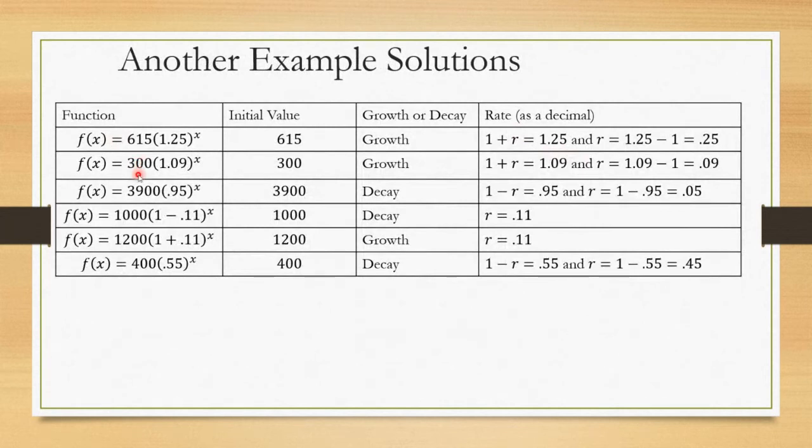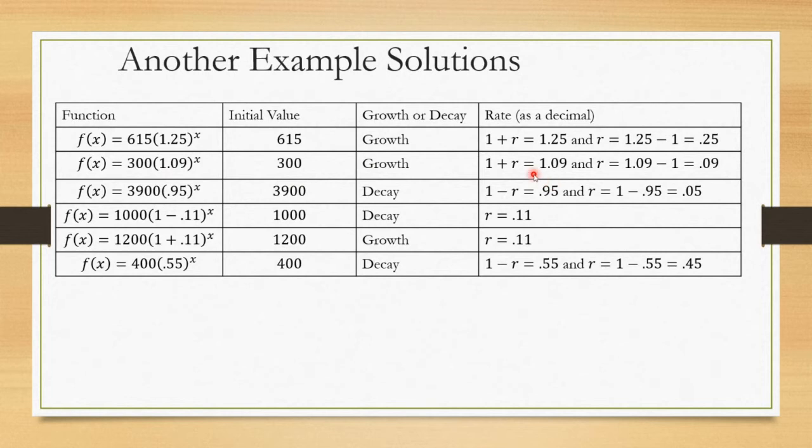Whereas in the second one here, we have 300, right? So that's the initial value. We still have growth here because this base is 1.09, greater than 1. But what is the rate?